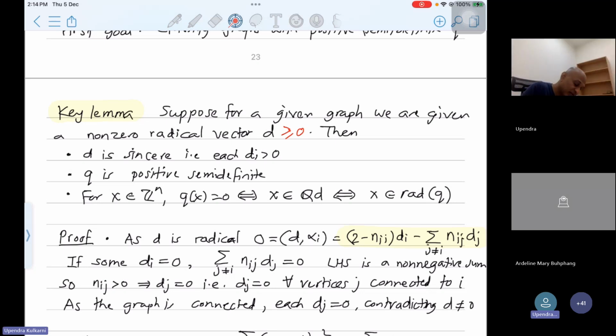Okay, but remember that the graph is connected. That means that this vertex i is connected to something, and for such j's, n_ij is non-zero. That means d sub j has to be 0. So d sub j is 0 for all vertices j connected to i.